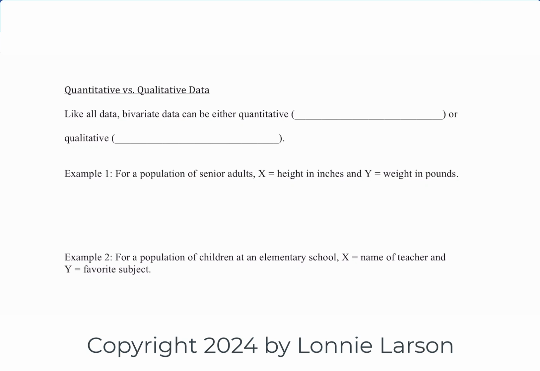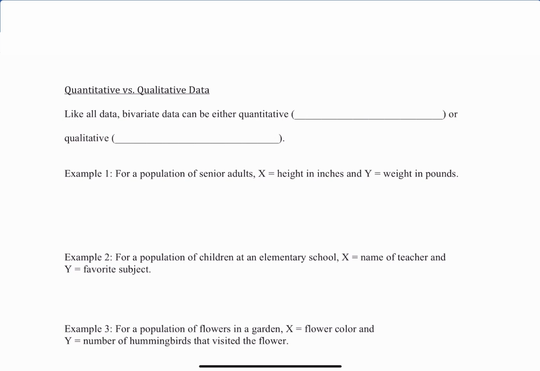Let's talk a little bit about types of data. This is going to be kind of a review of quantitative versus qualitative data that we've seen earlier in the semester. Like all data, bivariate data can be either quantitative, in other words, numerical, where we're using the numbers as numbers. And so, for example, you could meaningfully wonder what's the biggest number, what's the smallest number, what's the average number.